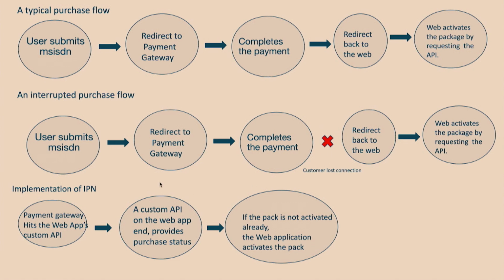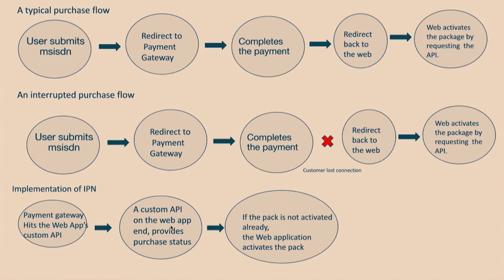To solve this issue, we developed a custom API. This API was at the web application's end, and it was given to the payment gateway. So when a user completes a payment, within some time the payment gateway sends a request to this particular API.